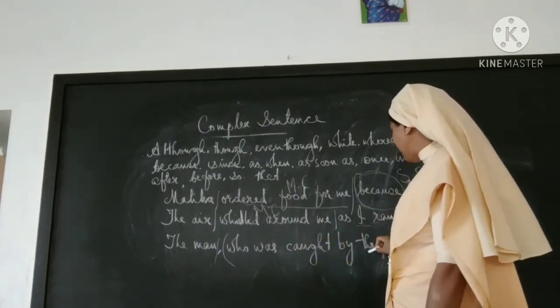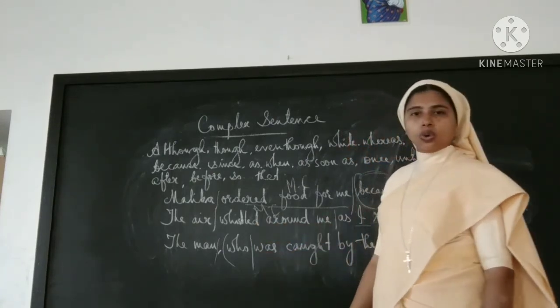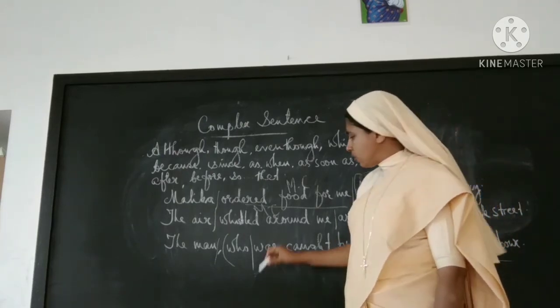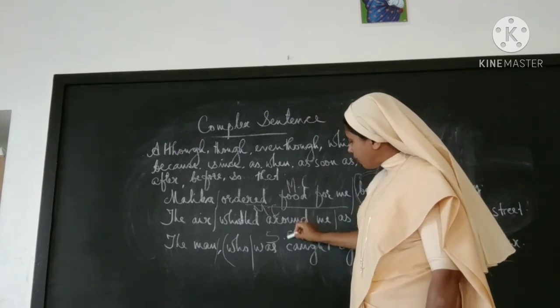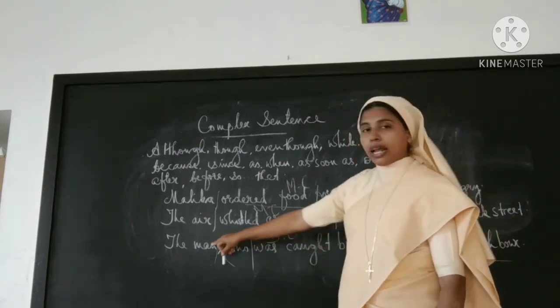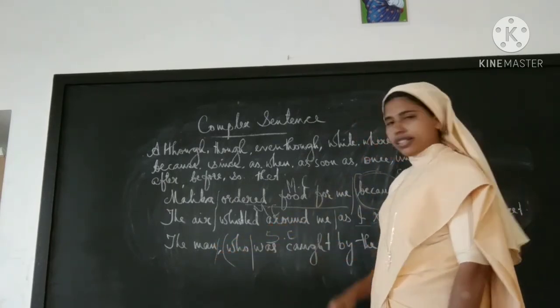Who was caught by the police. Here again the relative pronoun who is the subject, and was caught by the police is the predicate part. So this is called the subordinate clause or the dependent clause. Without the help of the main clause, there is no existence for it.